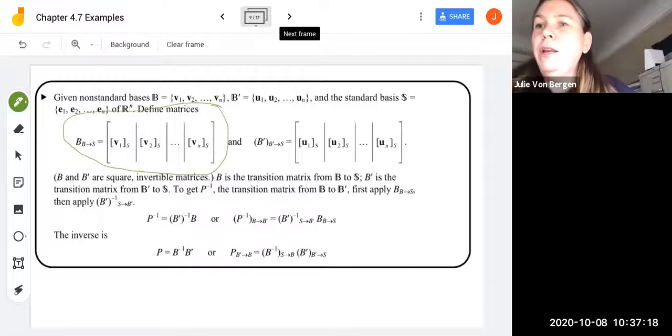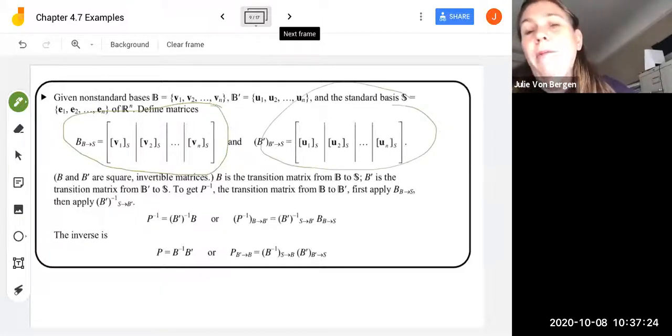And if you're going to a non-standard basis, B prime, you use these U's here. Both B and B prime are square invertible matrices. B is a transition matrix from B to S, and B prime is a transition matrix from B prime to S.